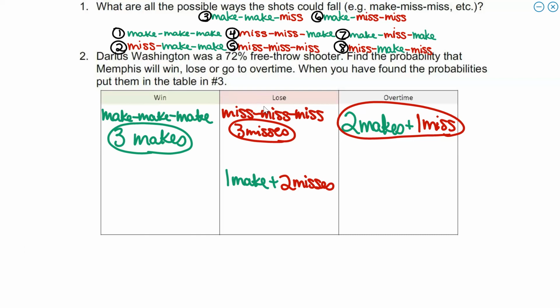What's the probability that Memphis loses? So what were the numbers that we had circled in that center one there? Yes, 0.022 and 0.169.